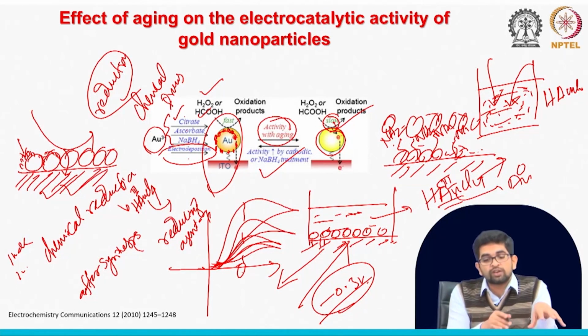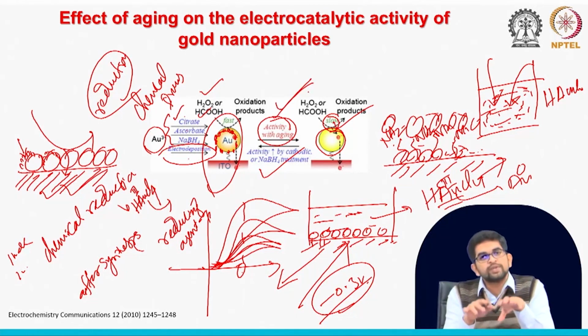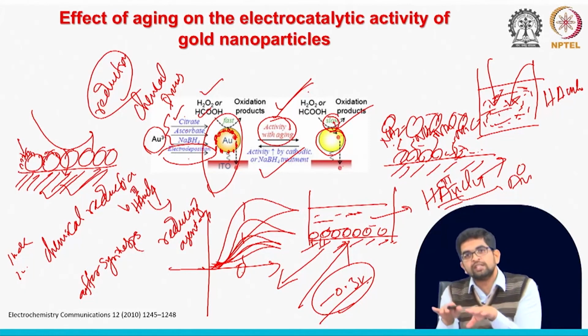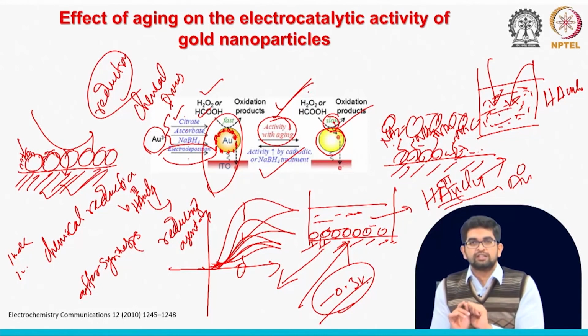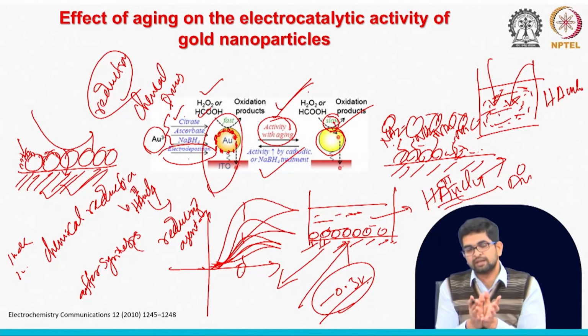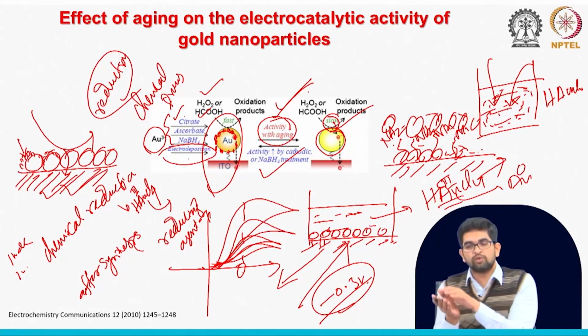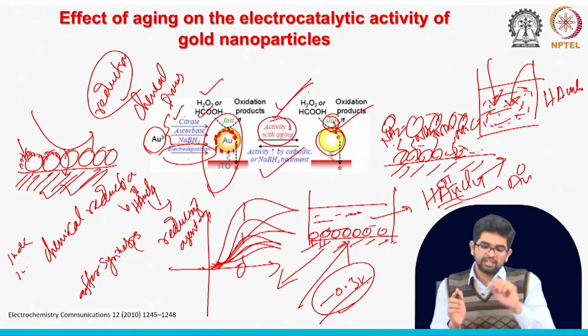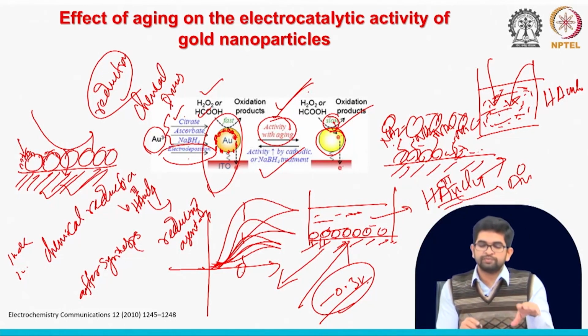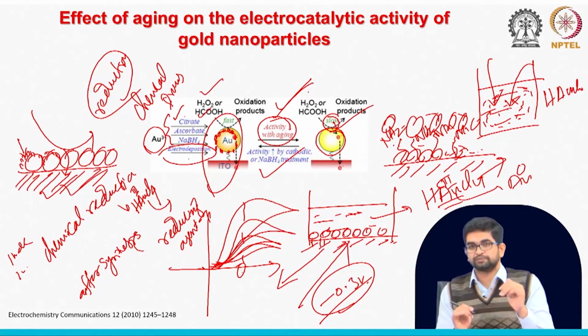And when you keep it for a longer time, during the aging, this surface reconstruction slowly may come back to the ground state. So there may be some strain on the surface, called surface reconstruction, and then it may slowly come back to the ground state, and because of this also the electrocatalytic activity will decrease slowly.